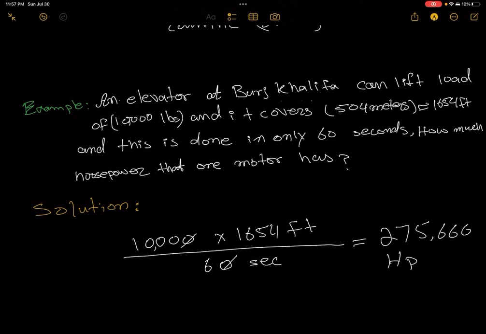Technically it does make sense, because of 10,000 pounds, going to this height, multiplied by the weight capacity, and it goes in only 60 seconds. That will require a really big motor with a big horsepower to take the load that high at that speed.